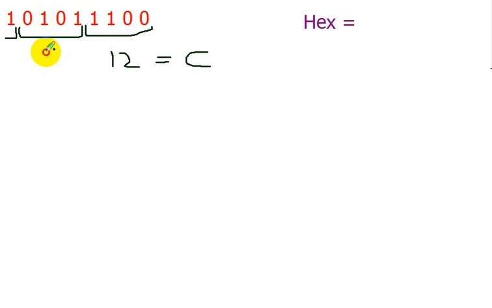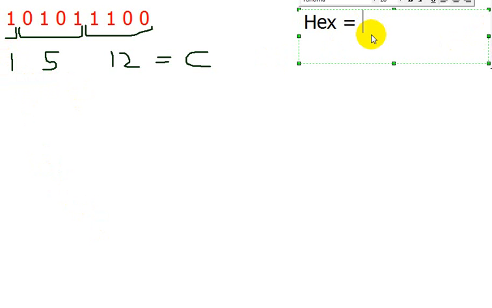So we've got 5. And 5 is itself in our hexadecimal value, so that's easy enough, we don't need any special representation there. The 1 is all on its own, so we're just going to put a 1. So in hexadecimal, this binary number is represented by 1, 5, C.